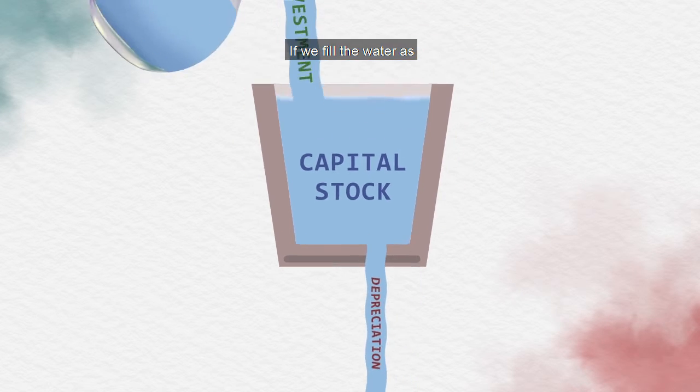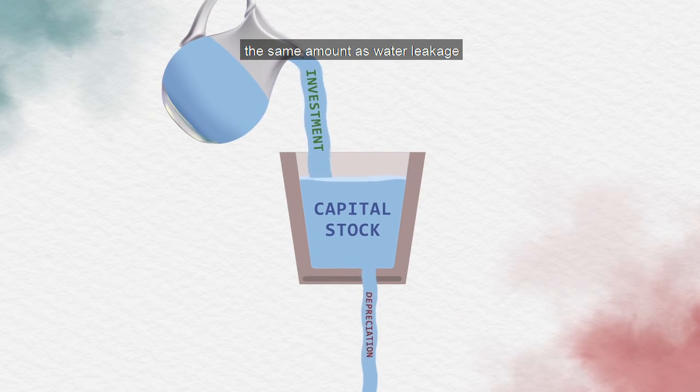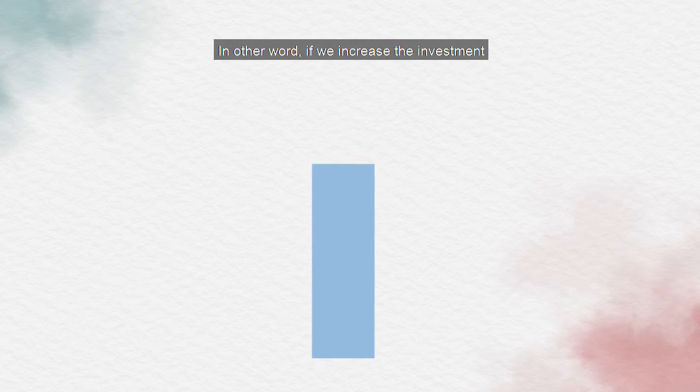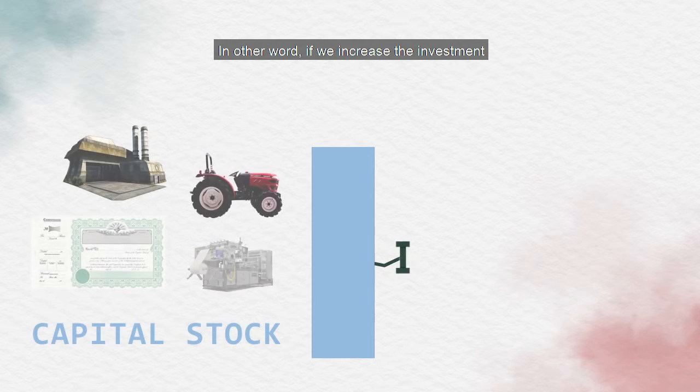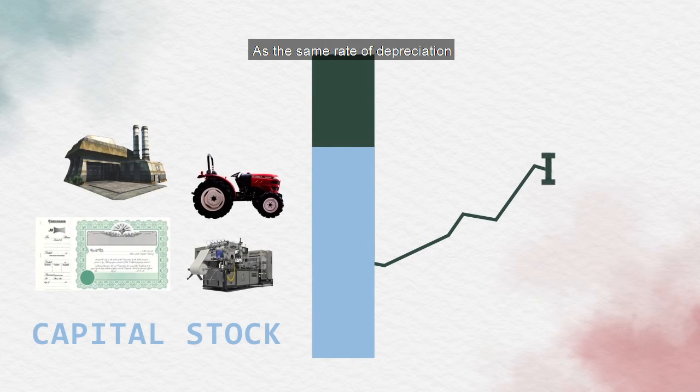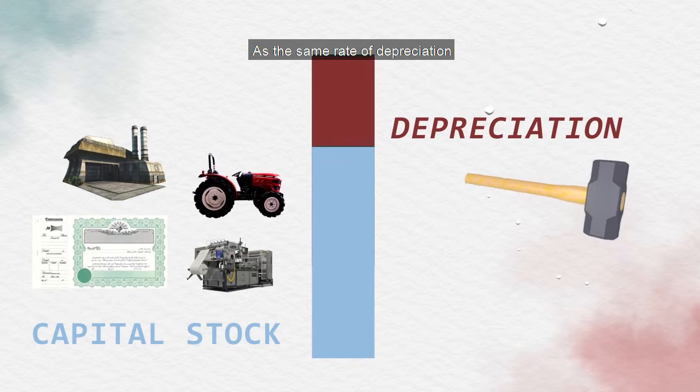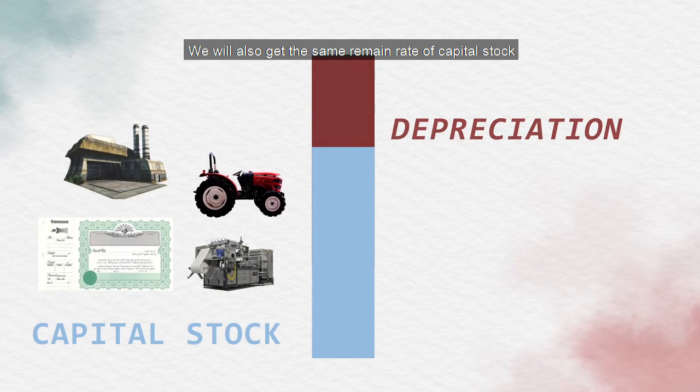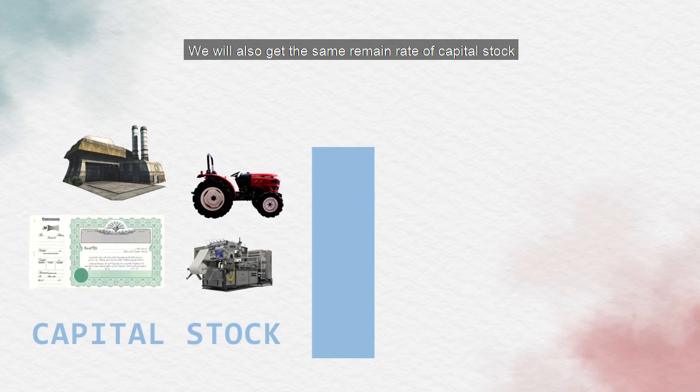If we fill the water at the same amount as the water leakage, then the level of water will remain the same. In other words, if investment is at the same rate as depreciation, we will also get a constant capital stock.